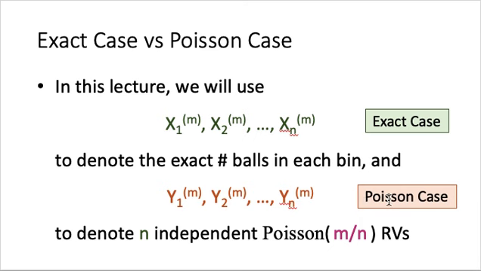In the Poisson case, we assume that for each bin, the average number of balls is m over n. So each yi is a Poisson random variable with parameter m over n. The notation little m here indicates the total number of balls in the exact case, or the expected total number of balls in the Poisson case.